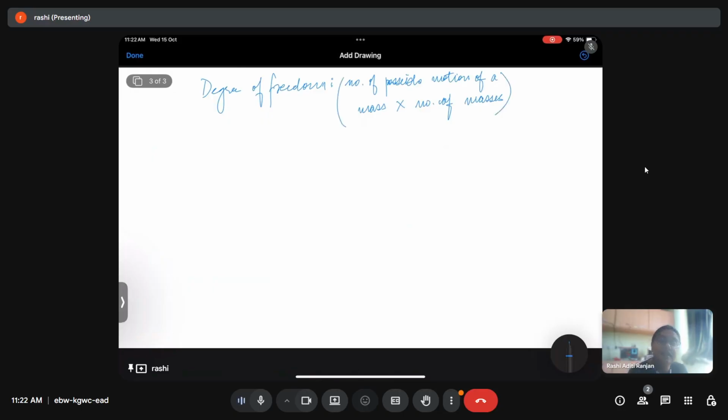Now there was a second definition also, where we consider all the possible degrees of freedom of a mass, and then we subtract the constraints. This is true for the case when we have identical masses, or masses that have identical possible motions.